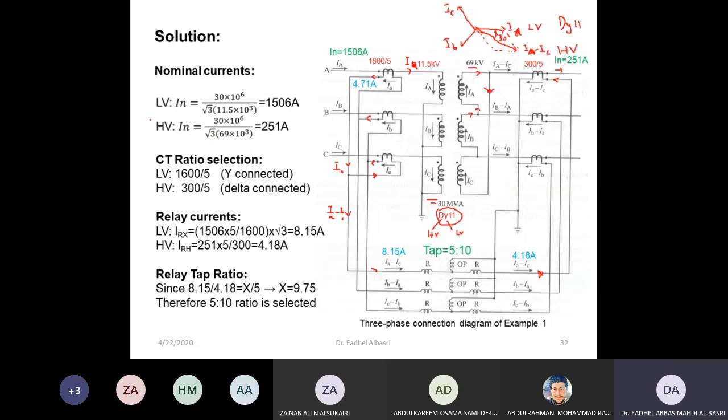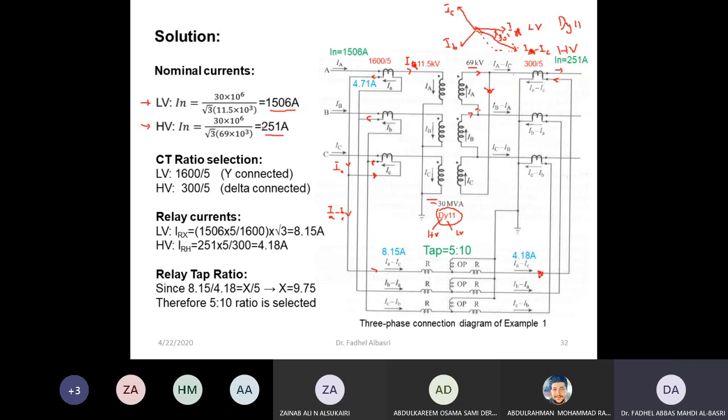So the first step I'll do, I'll find the nominal current at the HV side and nominal current at the LV side. So just divide the rated power over √3 rated voltage. I got this current at the LV side, this current at the HV side. And now from which we choose the CT ratio. So the closest higher ratio goes to 1600.